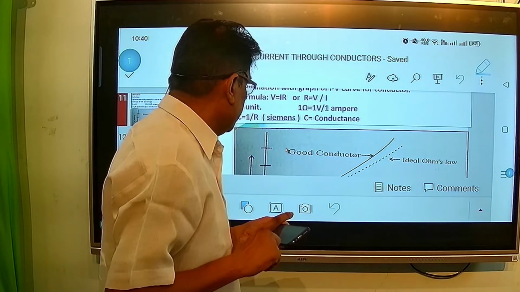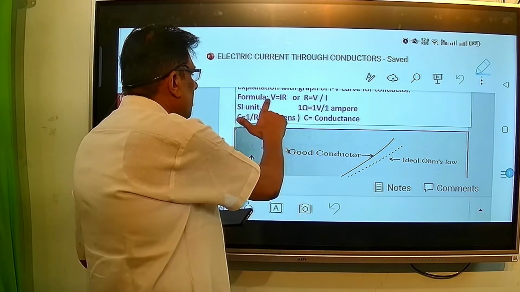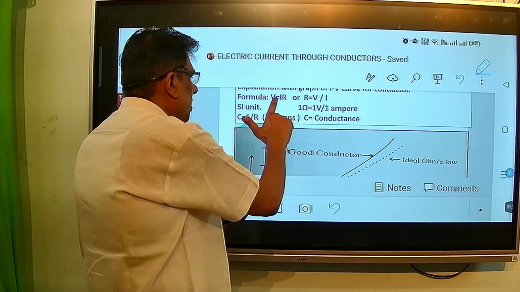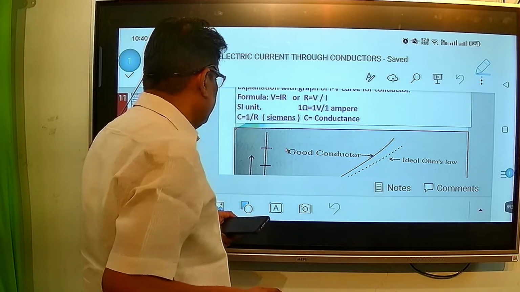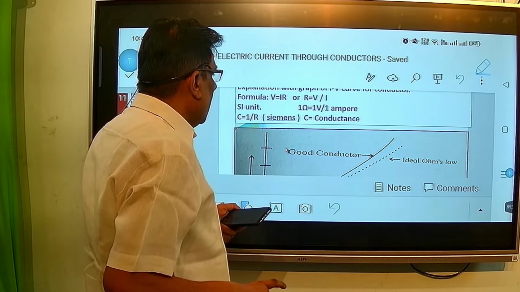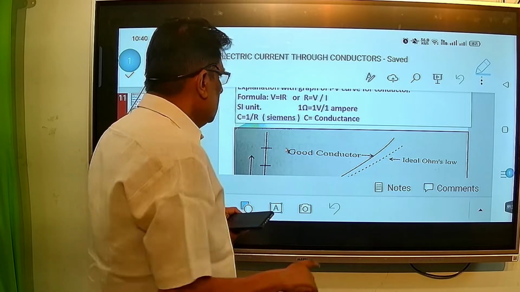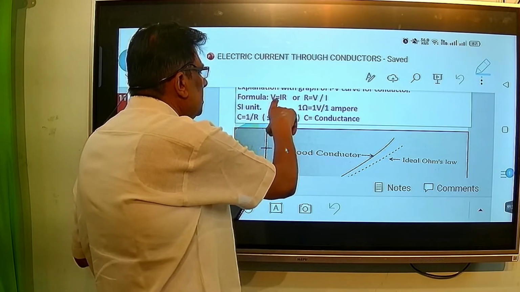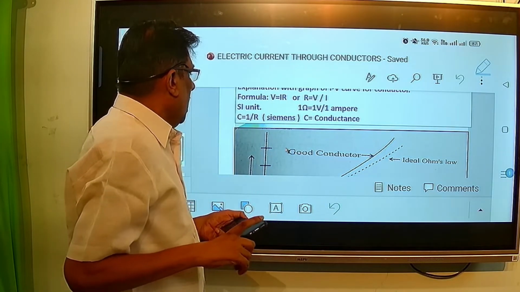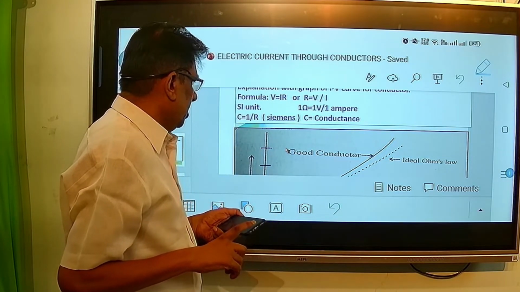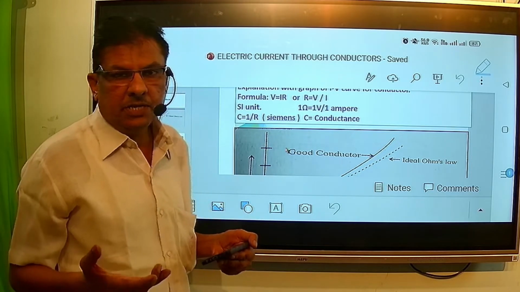If you look at it, you will find that R is equal to V upon I, because we have V equal to IR and the R term has appeared in the expression. Now I want to find the equation for R. So when I change this format, I find that R is equal to V/I.